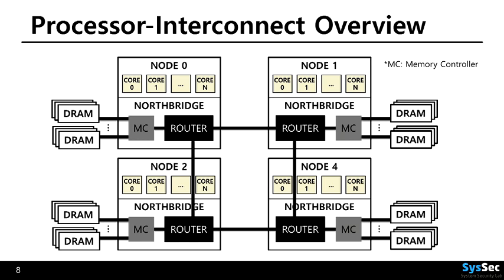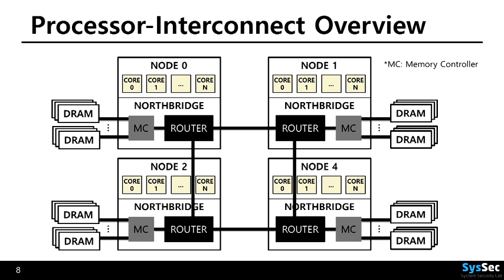Let's take a look at the processor interconnect in more detail. This is a block diagram of the processor interconnect in a 4-way multi-socket server. As you can see, each node contains multiple cores, local DRAMs, and a north bridge. The north bridge contains a memory controller and a router.